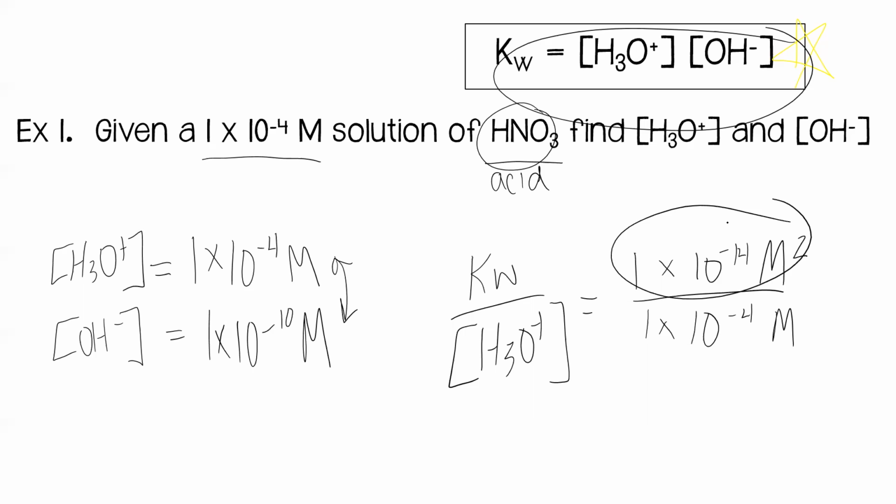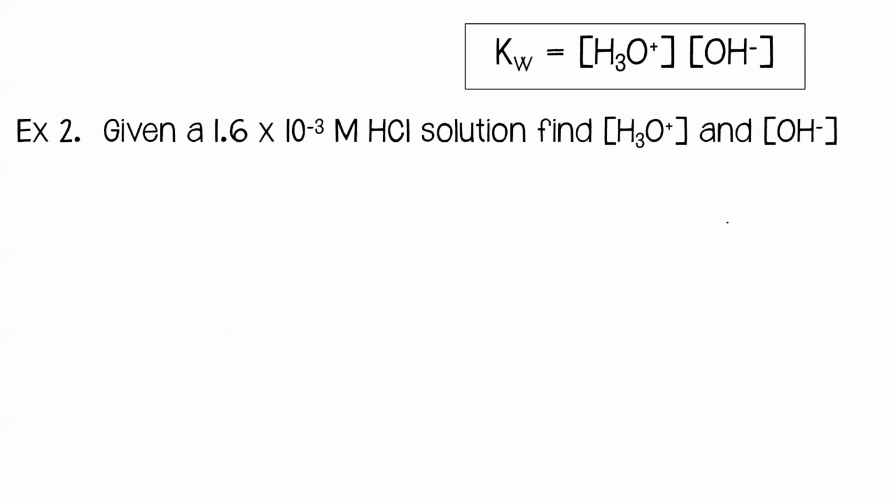Okay, let's try another one. Given a 1.6 times 10 to the negative 3 molar hydrochloric acid solution, find the hydronium and the hydroxide concentrations. So once again, the first thing you have to do is start with your substance. Is this an acid or a base? It starts with an H, so it's an acid. Specifically, hydrochloric acid.